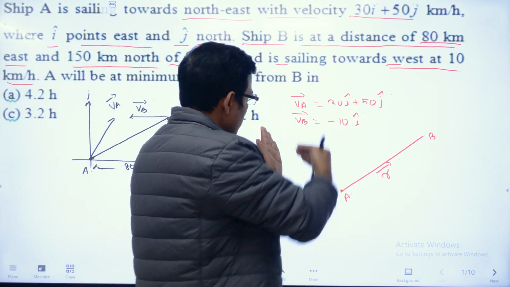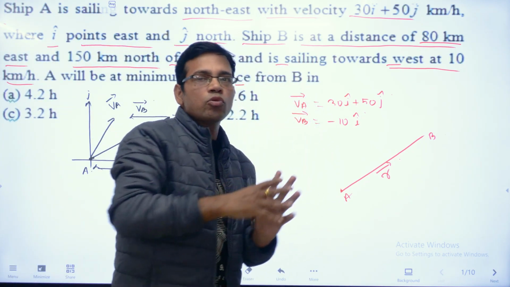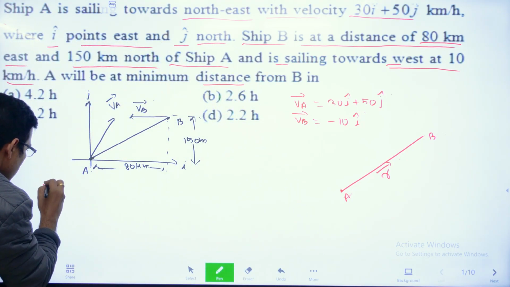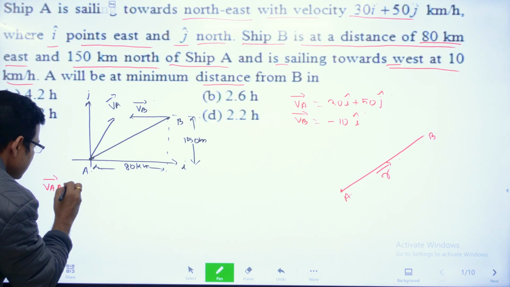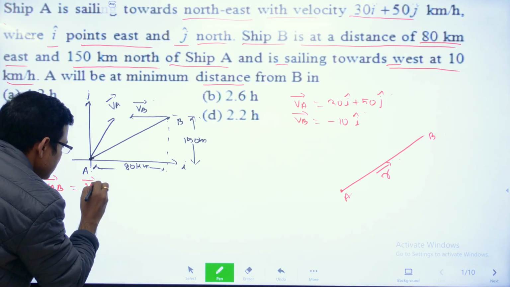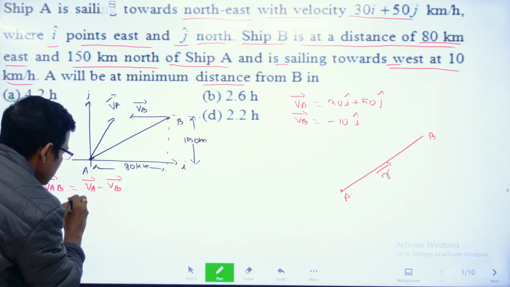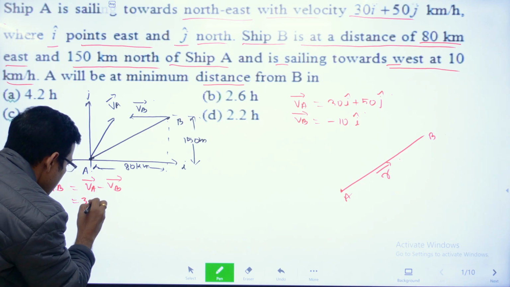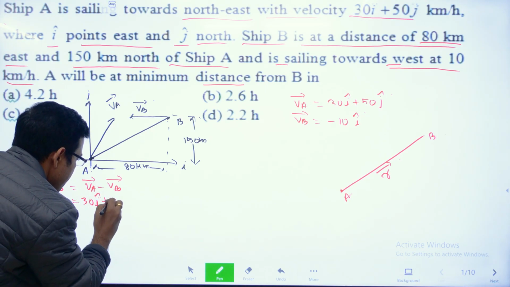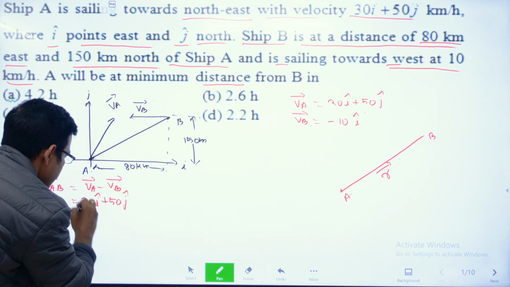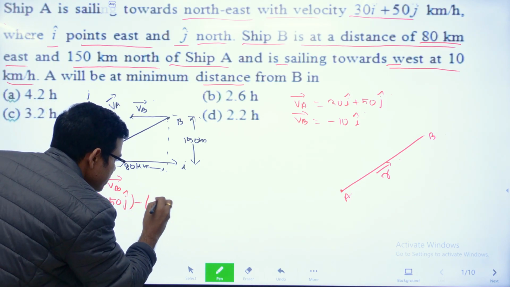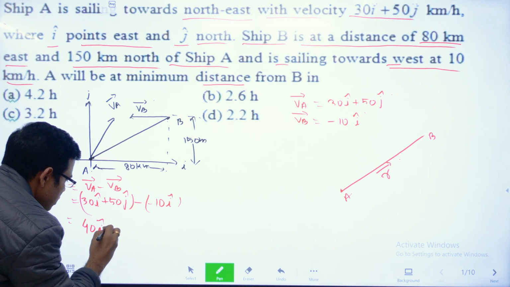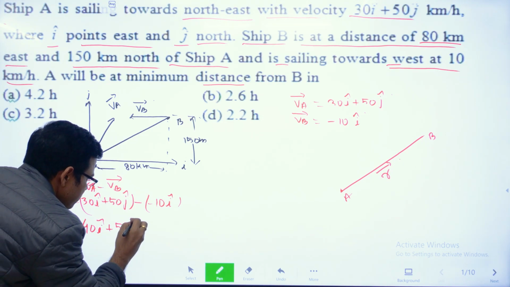First we write the velocity of A with respect to B. So we write the velocity of A with respect to B, that is equal to V_A minus V_B. And V_A is given as 30i plus 50j, minus of minus 10i. So this is equal to 40i plus 50j.